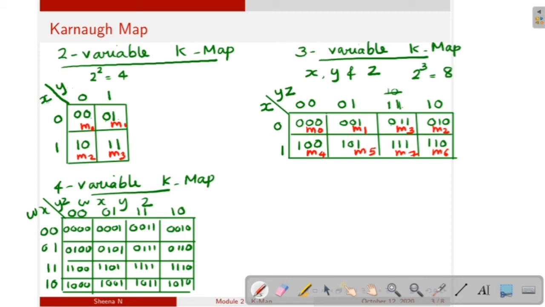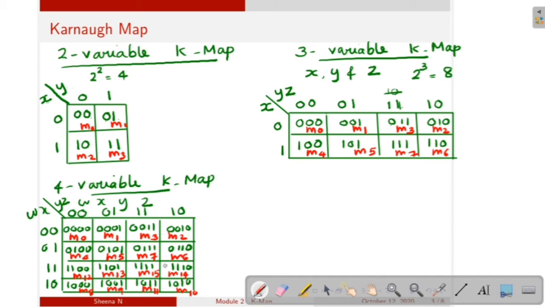Okay, so 0000 means here it is M0, this one is M1, this one is M3, here it is M2 and M4, M5, 111 means M7, M6. 1100 is actually M12, here it is M13, here it is M15, M14, then here M8, M9, M11 and M10.